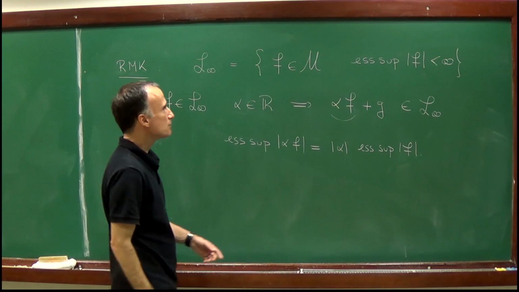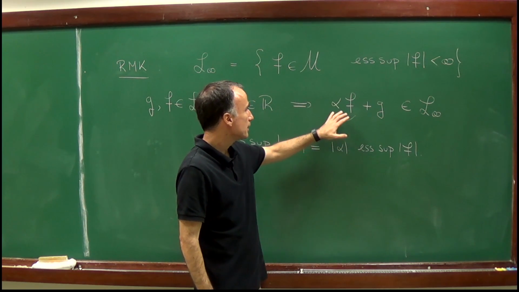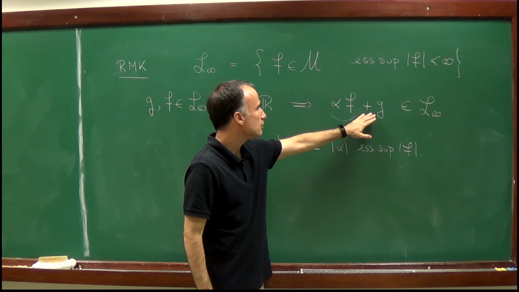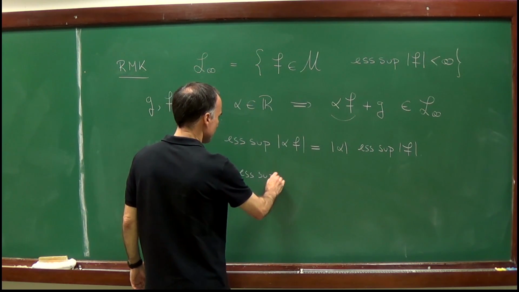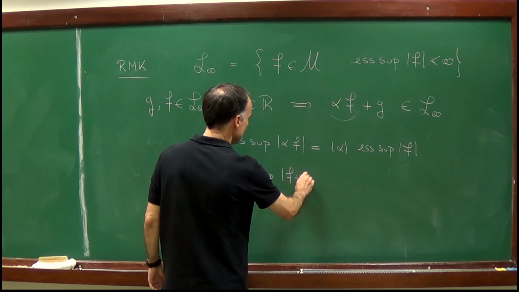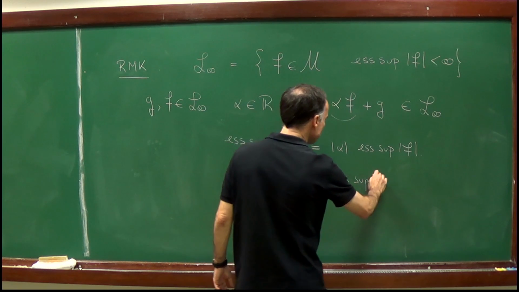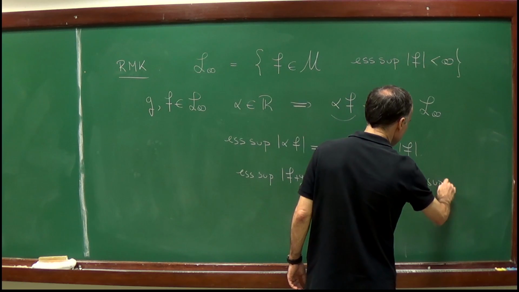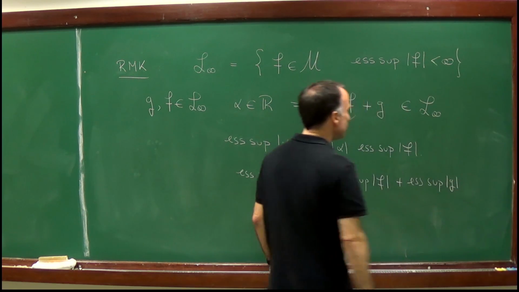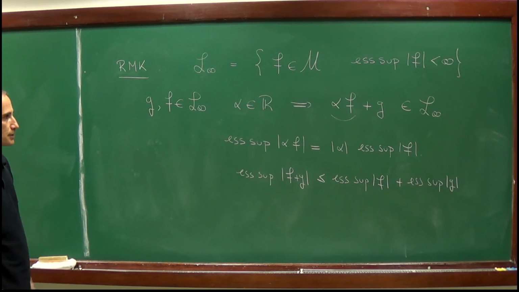And we have seen already, when we proved that d was a distance, that the essential supremum of a sum is bounded by the sum of the essential supremums. So this proves that L infinity is a linear space. So this is my first remark.